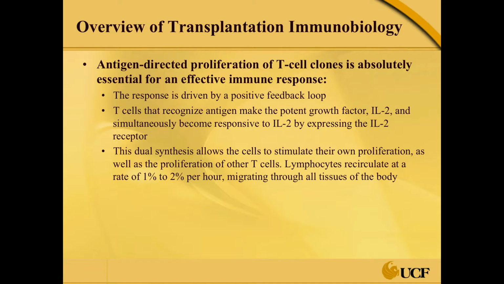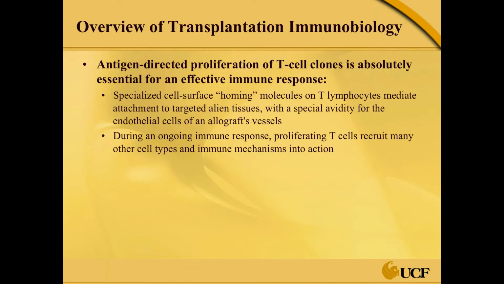T cells that recognize antigen make the potent growth factor interleukin 2, and simultaneously become responsive to interleukin 2 by expressing the interleukin 2 receptor. This dual synthesis allows the cells to stimulate their own proliferation as well as the proliferation of other T cells, and then lymphocytes recirculate at a rate of 1 to 2% per hour, migrating through all of the tissues of the body.